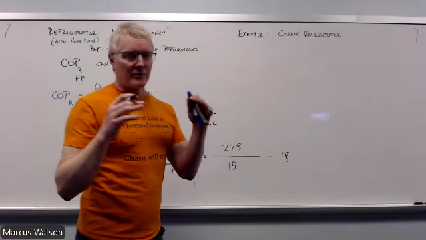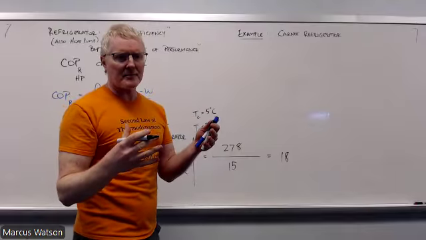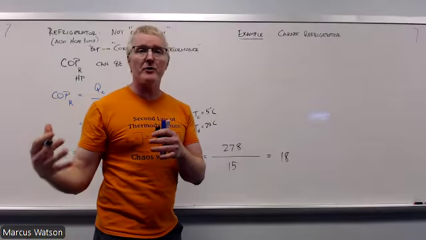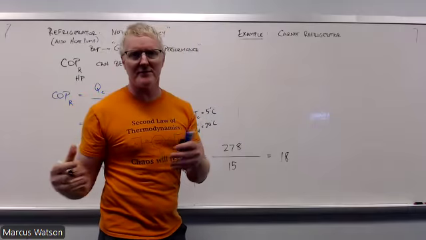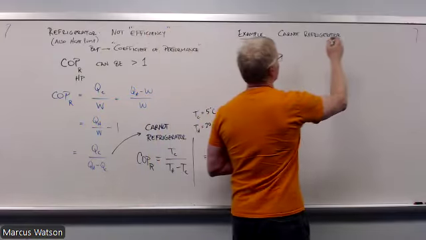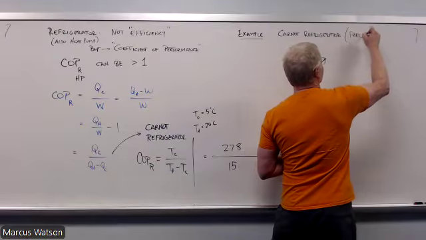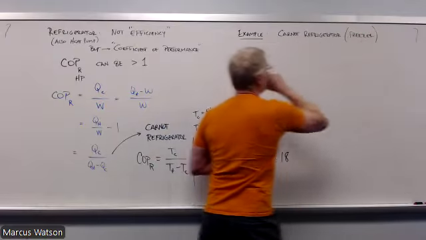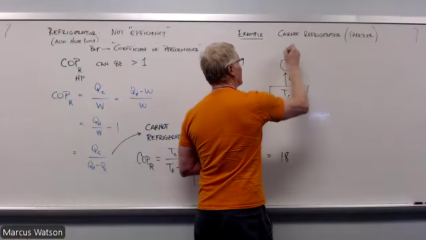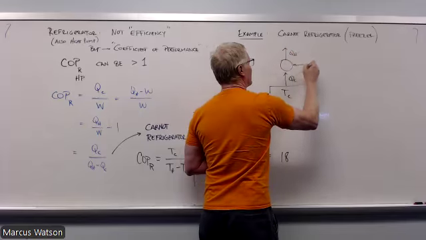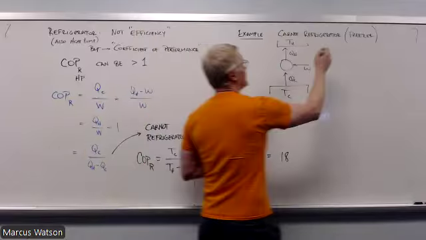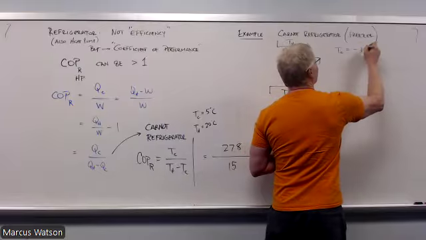Let's assume here that I have a refrigerator that's powered by a Carnot cycle, and it's going to keep the temperature of the freezer at minus 15 centigrade. Where I have this situation going on, I know that TC is minus 15 centigrade.